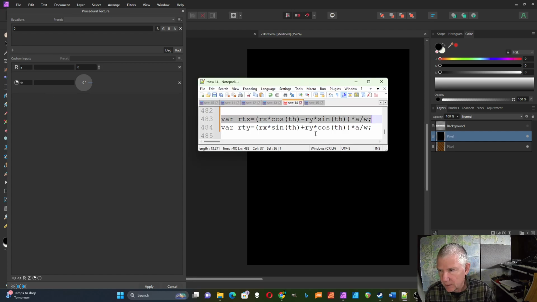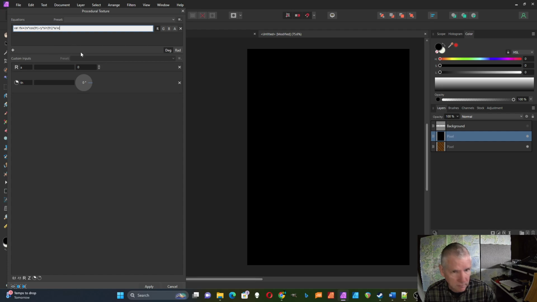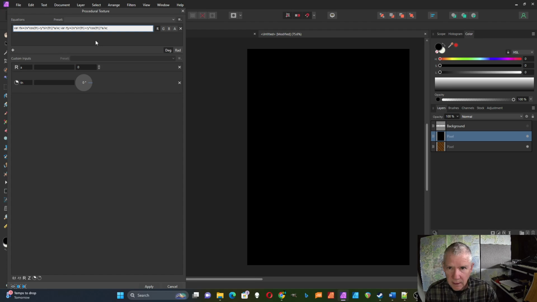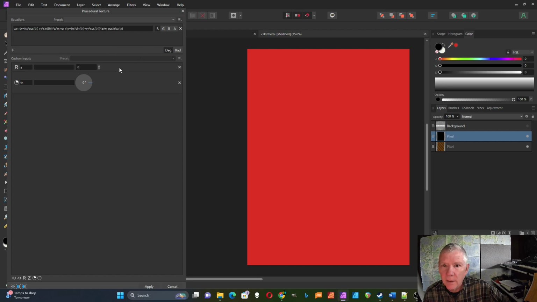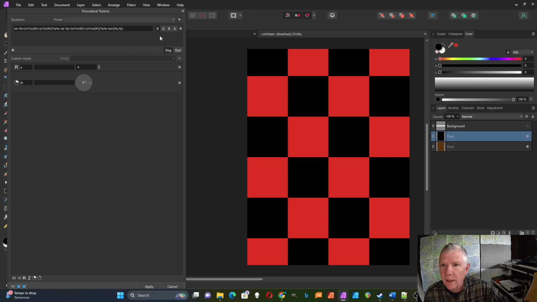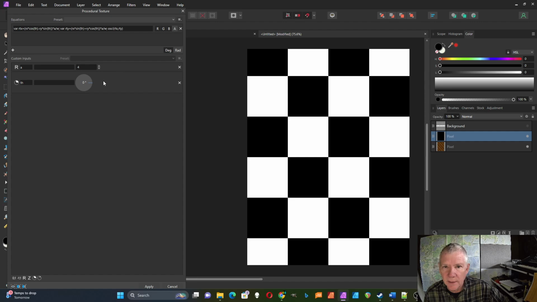And now I'm going to bring in my new transform coordinates for X and for Y. Okay, and now I'm going to just use the oscillator and put in my new RTX and RTY like that. And I'm going to scale this up to get my checker pattern, and then I'll select all three colors, although I don't need to.